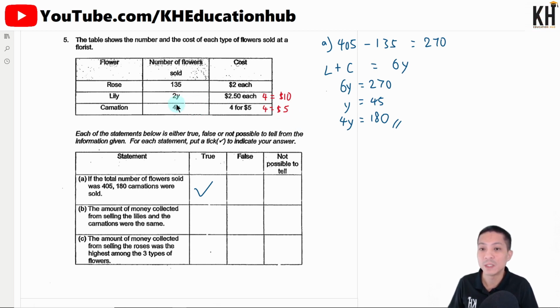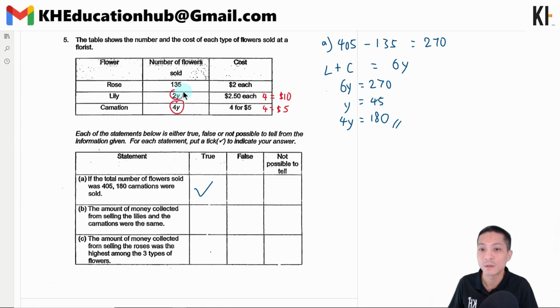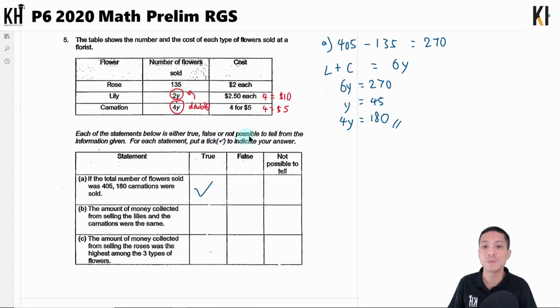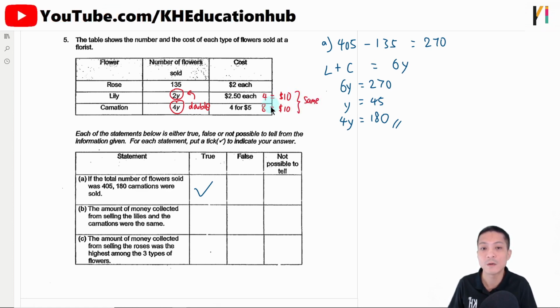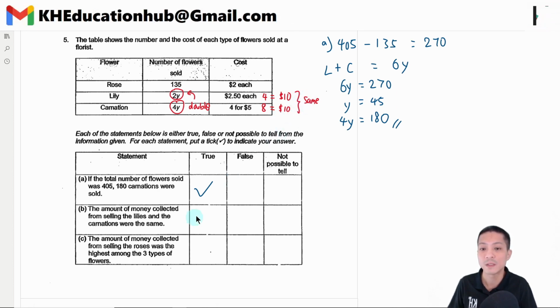From the number of flowers sold, we can see that carnation is double, right? Double the lilies, which means that instead of 4 for $5, if I double it, it will be 8 for $10. So since they are the same, no matter how I multiply them to keep the same ratio of the double, the amount of money collected will still be the same. So for B, it is also true.